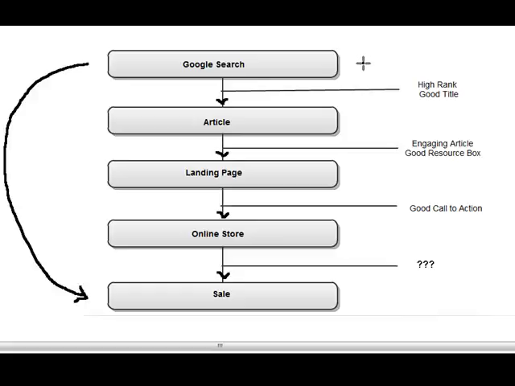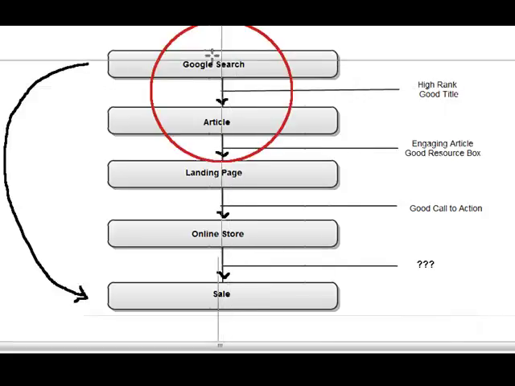One is that there really aren't that many searches on that keyword, or if there are searches on that keyword, it is possible that people are not clicking on your article, or people are not clicking from your article to your landing page, or from your landing page to the store. So we're going to look at all these steps and see how we can track and what we can track, and how we can increase the rate of people coming from the Google search through this whole process until you make the sale. So let's start with the first step.